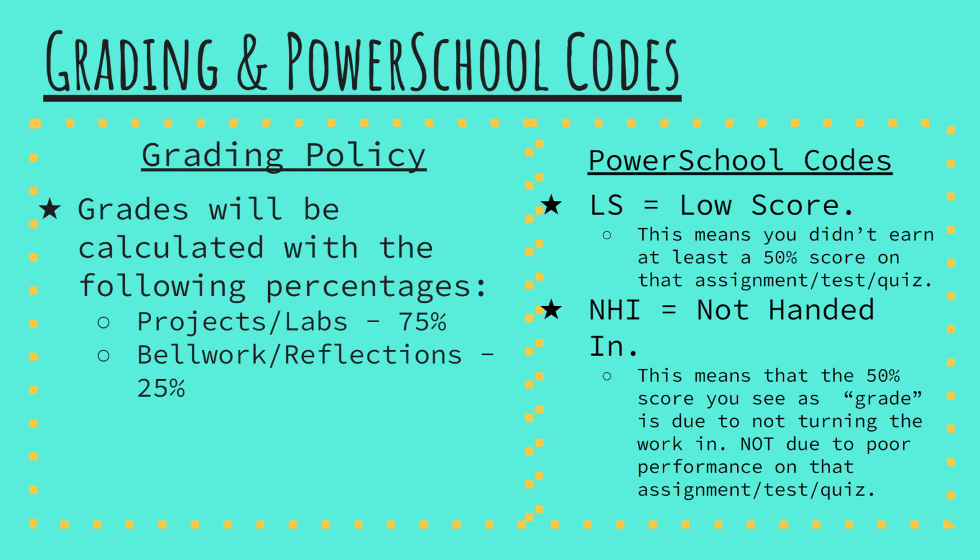The PowerSchool codes that you're going to see show up, which could be new this year, there's going to be two possibilities. The first one, if you see LS, that stands for low score. That means that you might have done the assignment, but you didn't earn at least a 50%. Okay, the grade is raised to 50%, but that would be because the performance on that item did not reach up to that 50%.